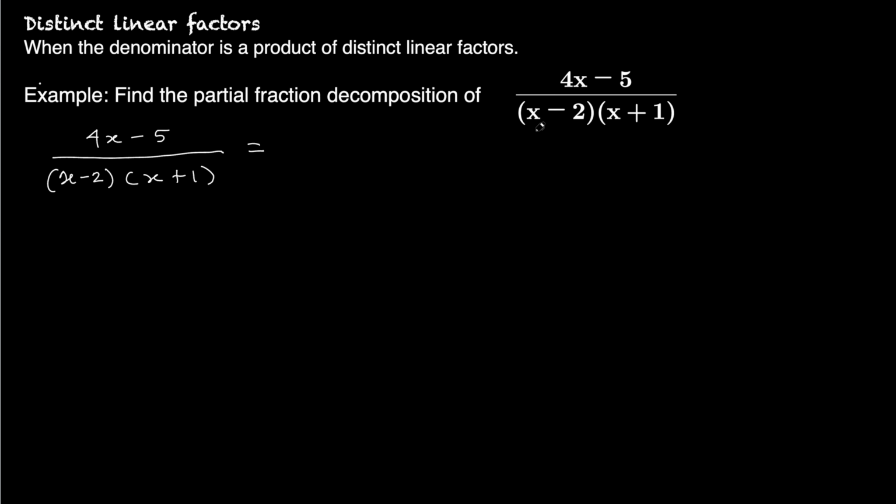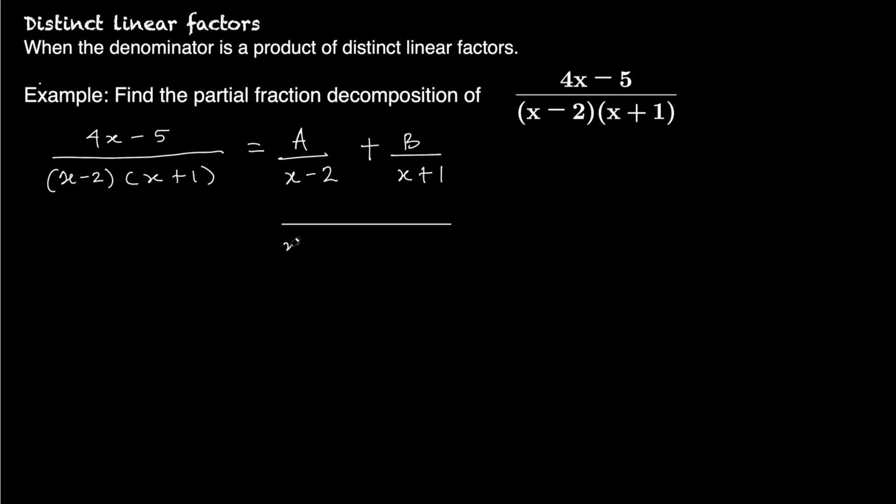Since we have 2 linear factors here, which are x minus 2 and x plus 1, we're going to split this up as A over (x minus 2) plus B over (x plus 1). Then we proceed to find the LCM.